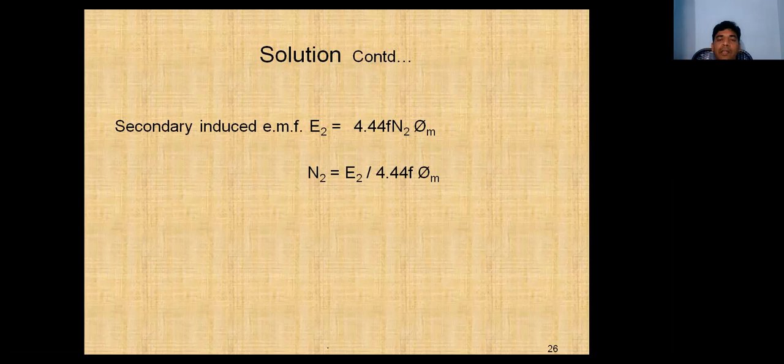N2 is equal to E2 by 4.44 F into phi m, that is 230 by 4.44 into 50 into 1.18 into 400 into 10 to the power minus 4. That is equal to 22 turns.